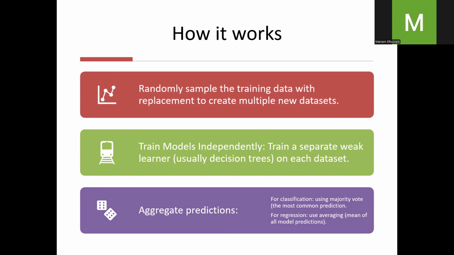When we are testing the ensemble, we look at all the decision trees' classification results and then use the output that the majority of the models selected. For regression, because it's a numerical value, we're going to use the average. We will average all the models' results, and the output would be their average.